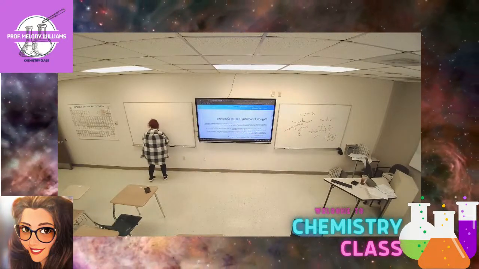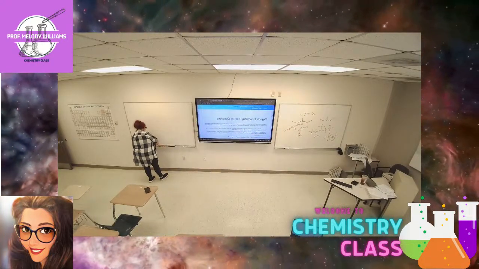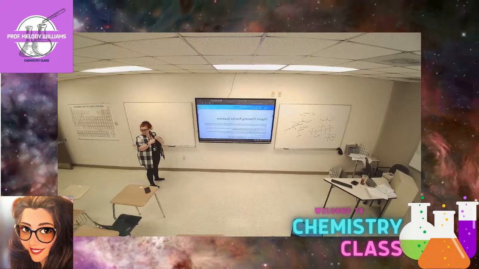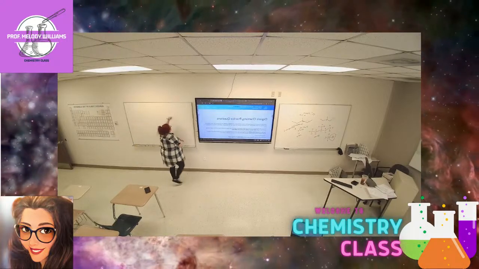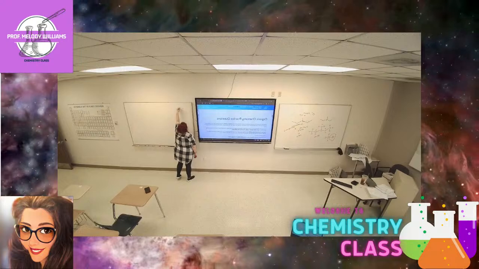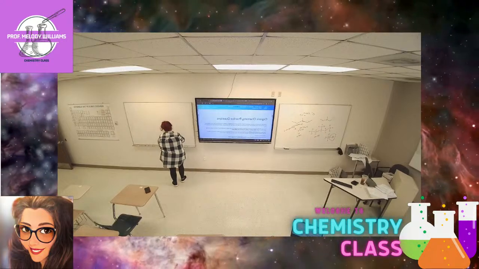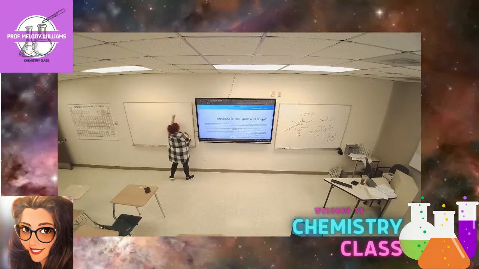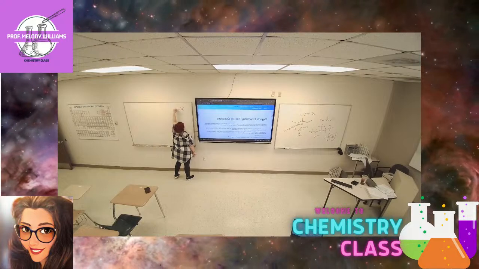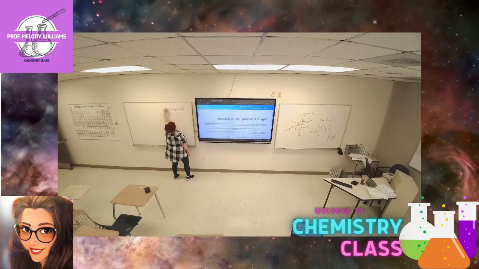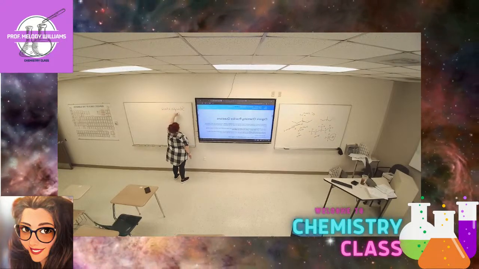What does an alkene have that an alkane doesn't? A double bond. So we can have straight chain alkenes.